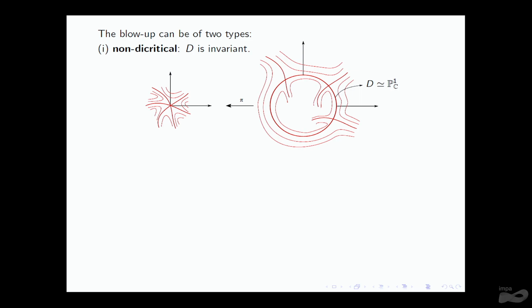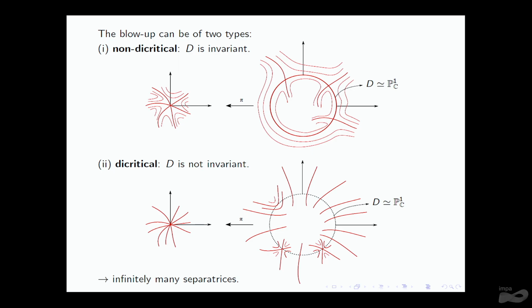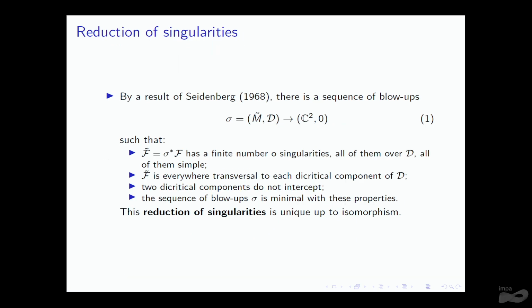It can be non-dicritical if the P1, the divisor, is invariant by the transformed foliation, and it's dicritical if the divisor is not invariant. So it's generically fibered by leaves of the transformed foliation. Note that all these leaves, when they are blown down, become separatrices. So a dicritical blow-up engenders infinitely many separatrices.